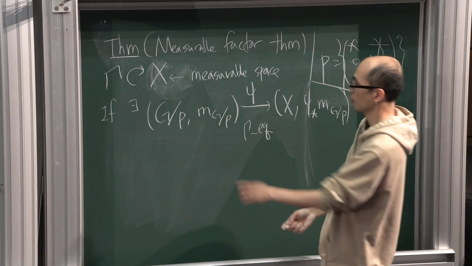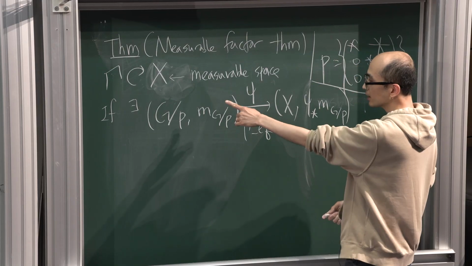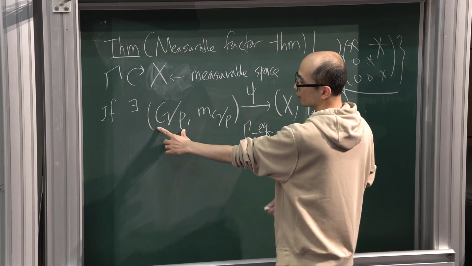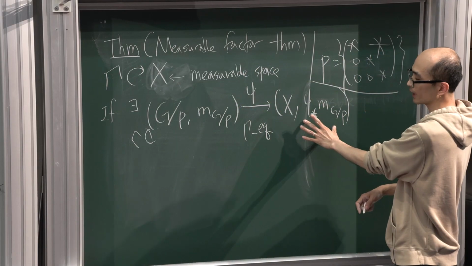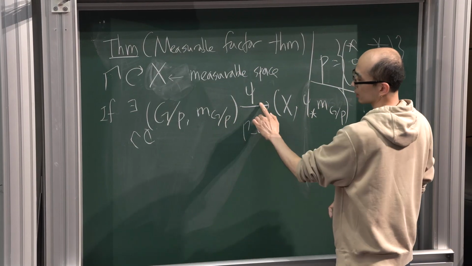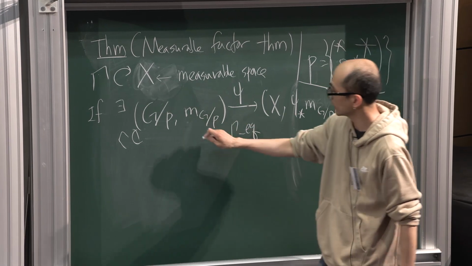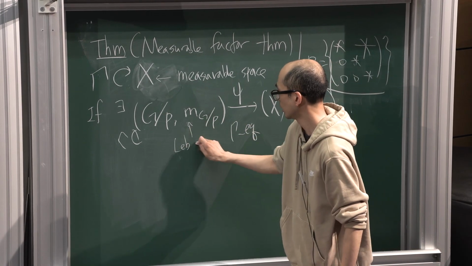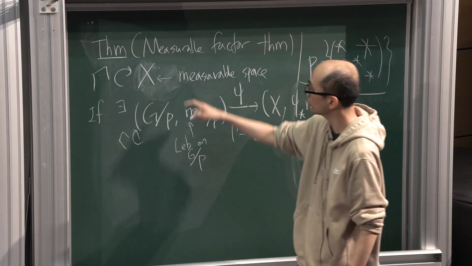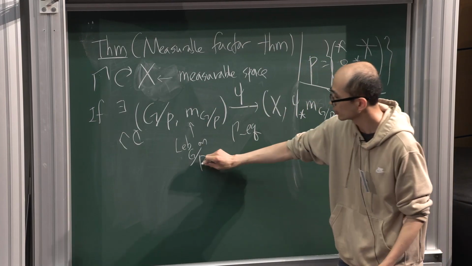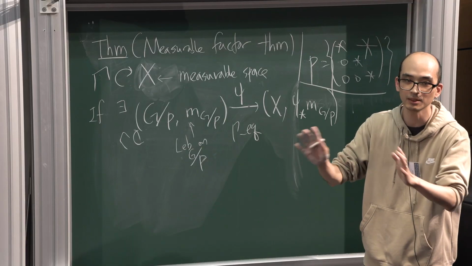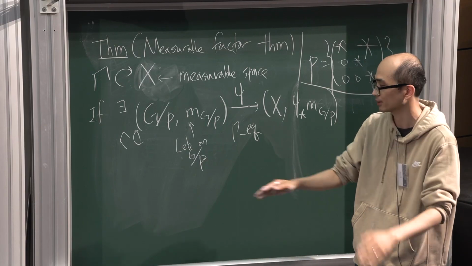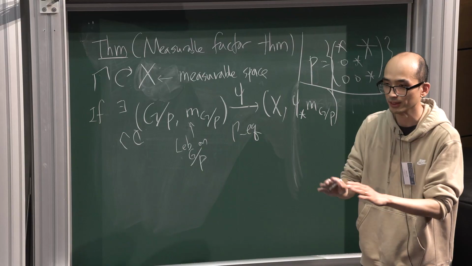So this means that your action is a measurable factor of the gamma action on G mod P by left translation, and the measure you get is just the pushforward measure on here, and m g mod p is the Lebesgue measure on G mod P. G mod P is the space of full flags, so you can think about the Lebesgue measure on there. The space of full flags is a nice space, more or less a manifold. So you have a Lebesgue measure.